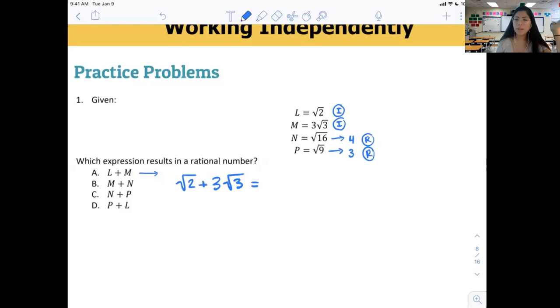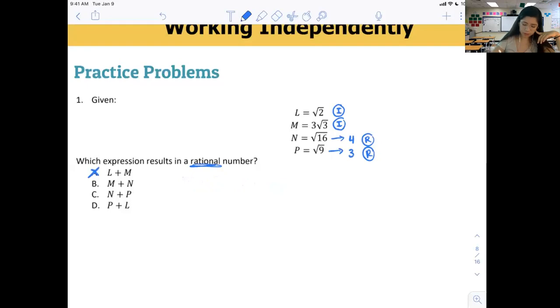No, because remember, the only way to get 0 is if you add and then take away the same number. Well, in this case, I don't know the full answer, but I know that this is going to be an irrational number. So I'm looking for which of these is rational. It's not going to be A. All right, what about B?